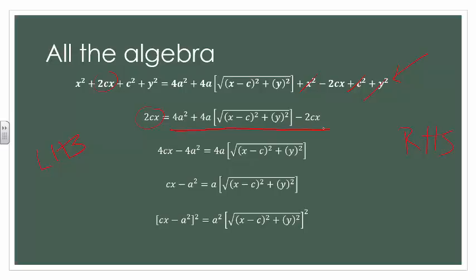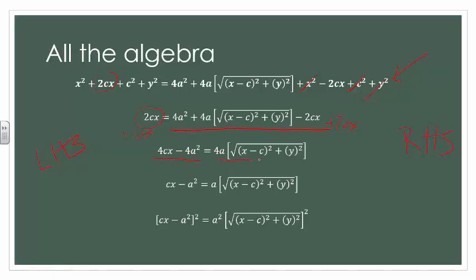A little bit further with this, you'll notice now on the left-hand side we have 4cx minus 4a squared. How we got there was we added 2cx to the right and 2cx to the left. 2cx plus 2cx is 4cx. And we subtracted 4a squared from the right and moved it over to the left.